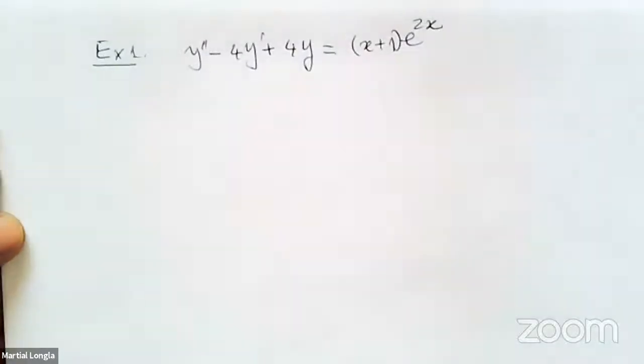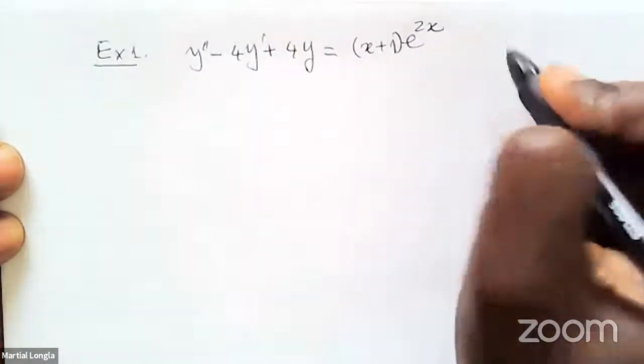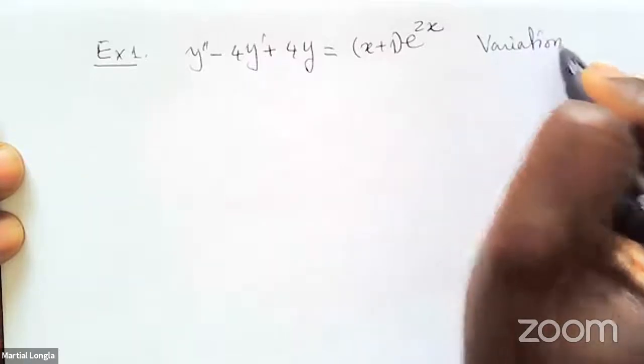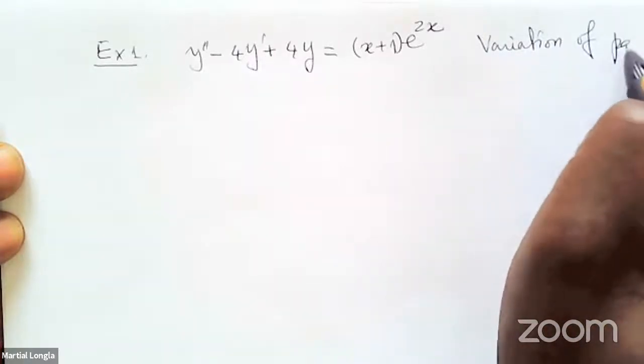So that's the equation that you have. And the question says you need to use variation of parameters.